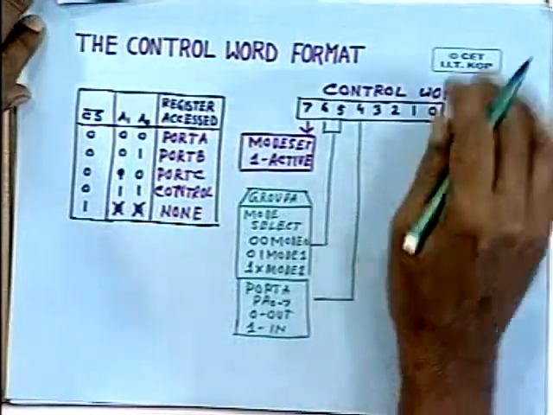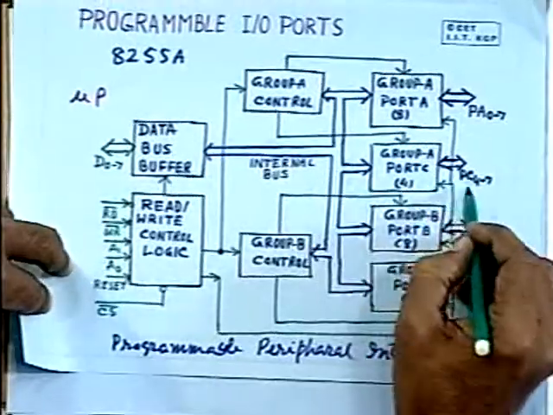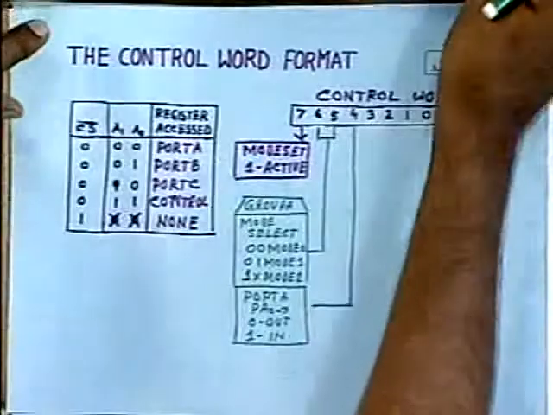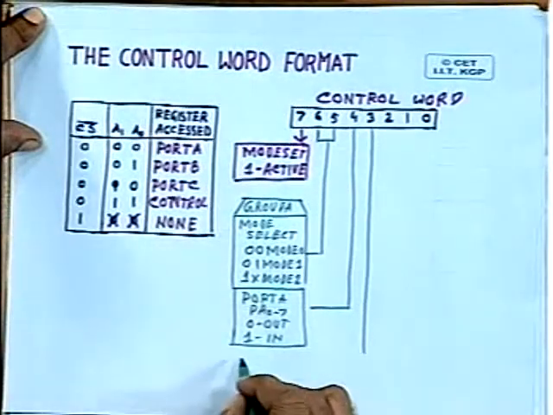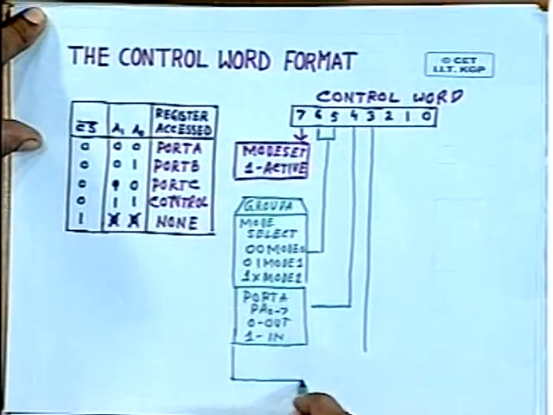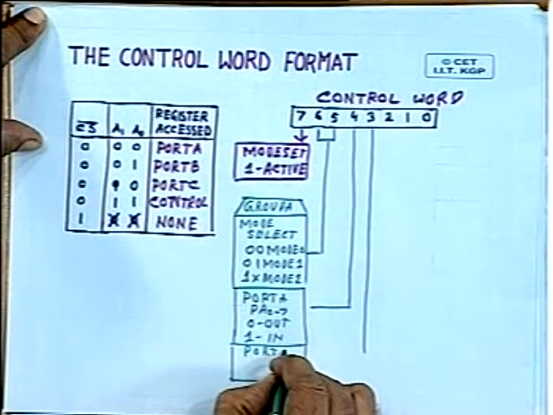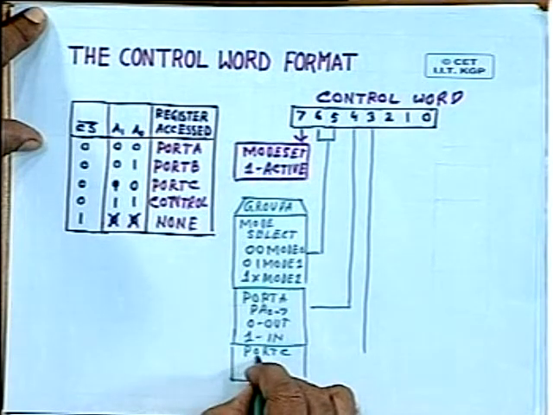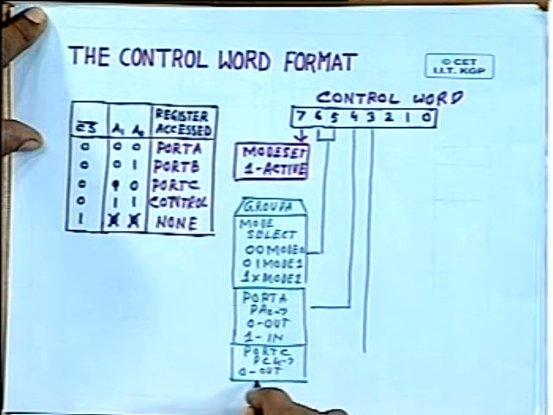Then bit 3. Some of the bits we have seen belong to group A, PC 4 to 7. The direction of these bits is also decided with the help of bit 3. This is the port C control, that means PC 4 to 7. Whenever it is 0, it is out, and whenever it is 1, it is in.